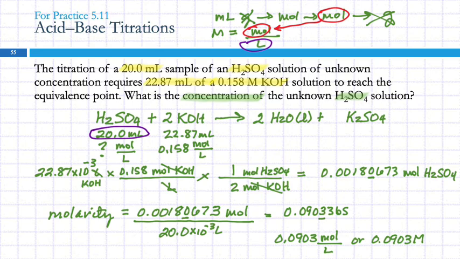Never, never, ever, ever use the dilution equation for a titration. There are people that do that. It's fraught with peril, okay? Because this mole ratio doesn't get in there, right? And so your answer is off. And I know that students like to do that.